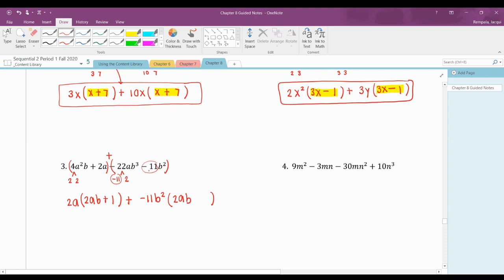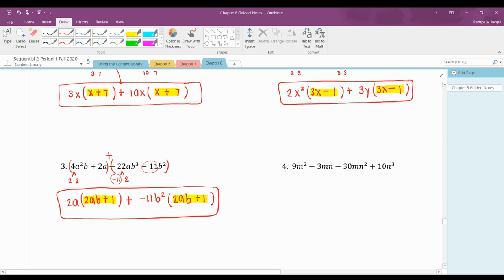Now, because I took out a negative 11, I have a positive 1. Because remember, I want to be able to distribute and get me back to what I started with. So negative 11 times 1 will get me negative 11. The b squared also moved to the outside. Notice how I want to have the same thing in parentheses, which in this case I do. So that means that this is my answer.